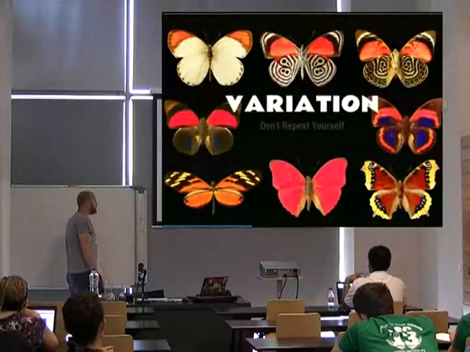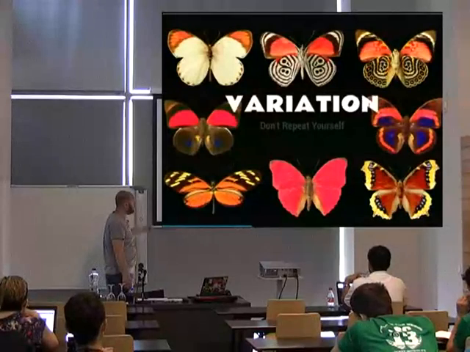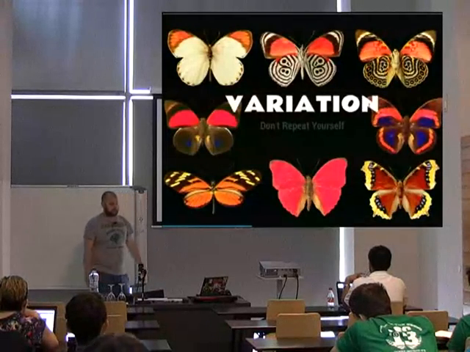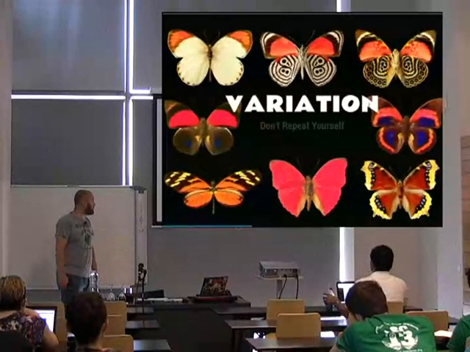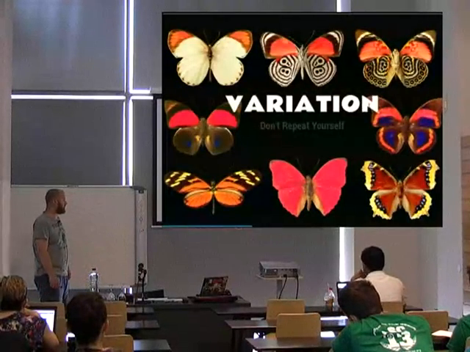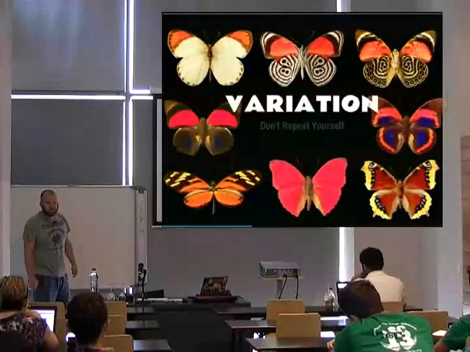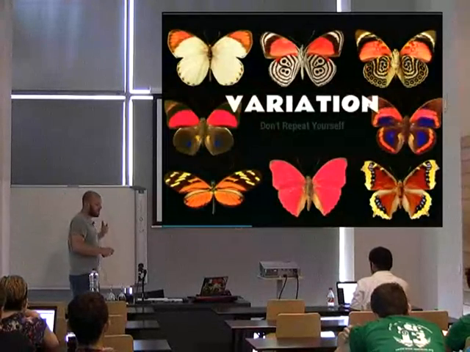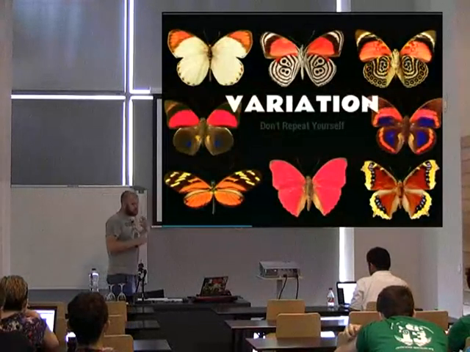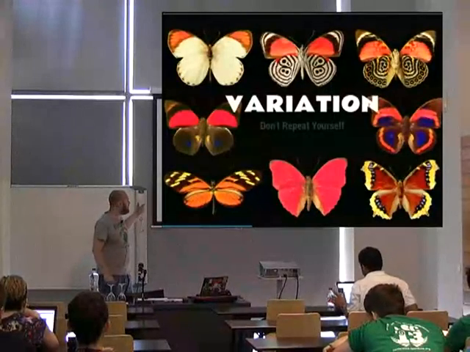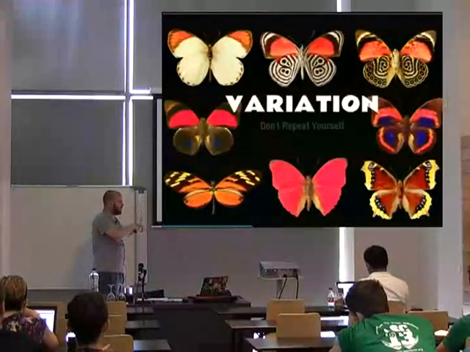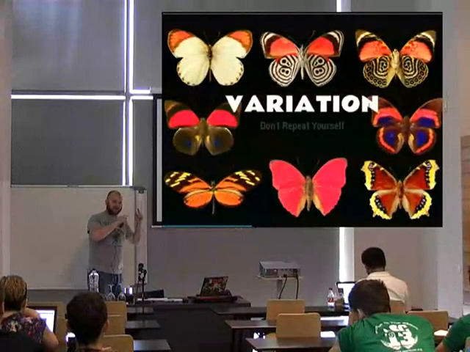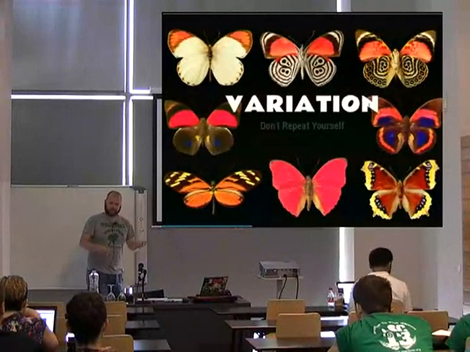So another philosophy of Rails is variation. You probably know that as DRY, don't repeat yourself. Variation means you shouldn't have many different butterflies implemented. You should have one butterfly and then have a variation in color.